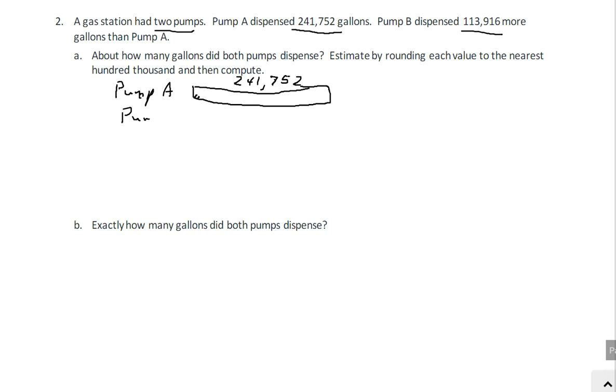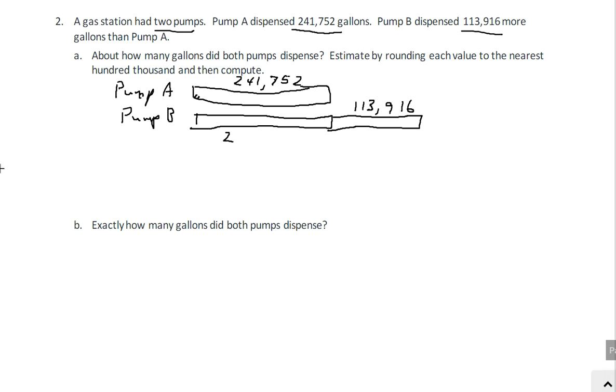Pump B has more than pump A, so it has the same amount here, plus more. Okay, so that more that it's plus is 113,916. Okay. Remember, this amount here is still 241,752.